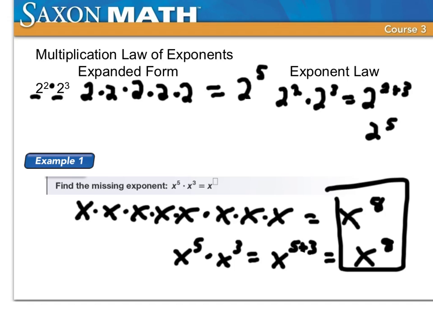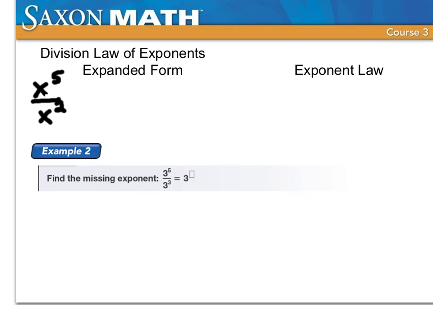Alright, let's talk about the division rule now. For the division law of exponents, here's an example problem: x to the 5th over x squared. In expanded form, that means x times x times x times x times x over x times x. We could cross out what's in common on top and bottom, like we did when we did prime factoring and simplifying fractions.